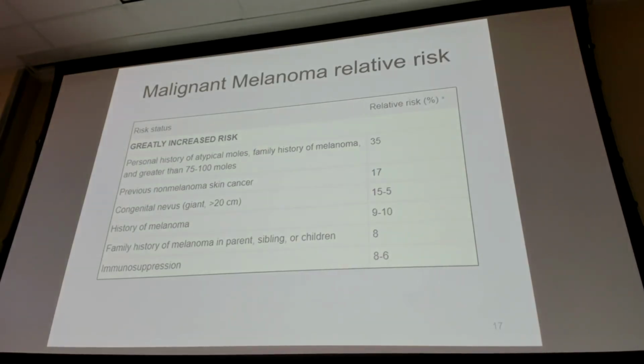This right here is a beautiful chart because it's spelling out the relative risk, right? So there we can see if that individual has a personal history of atypical moles, family history of melanoma, and greater than 75 to 100 moles, that is a risk of 35%. And then the chart continues on.